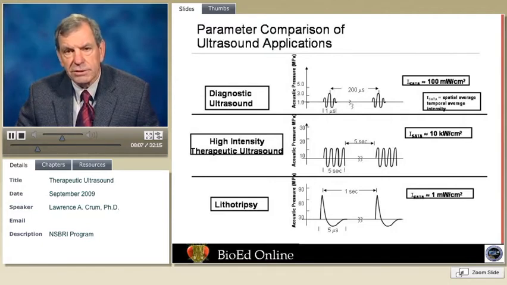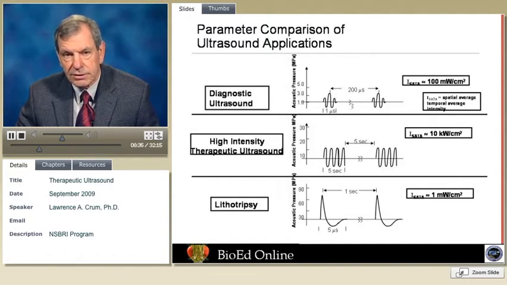Another application is lithotripsy. In this particular case, one has a pulse that only lasts for a few microseconds. Instead of waiting for, let's say, 200 times, one waits for an entire second before the second pulse comes in. Indeed, if you do not wait for a full second, these two pulses interfere with each other. So the intensity is on the order of 1/100th less than that of diagnostic ultrasound.